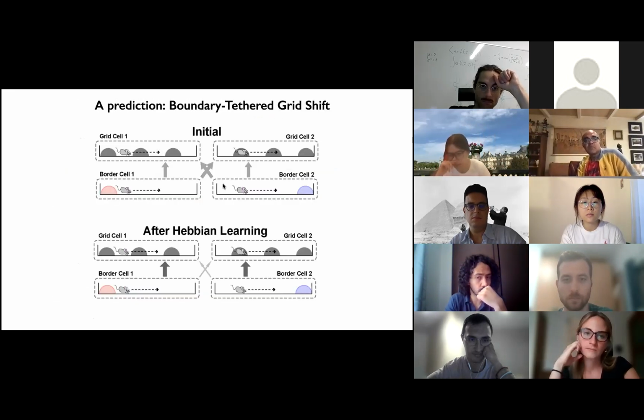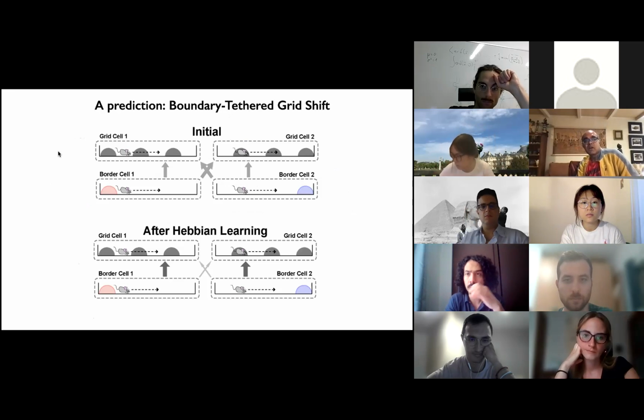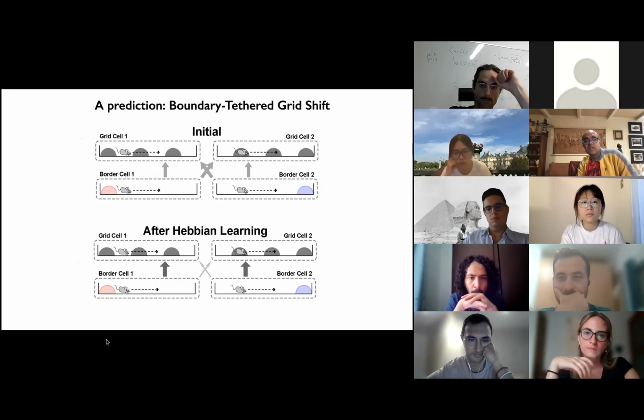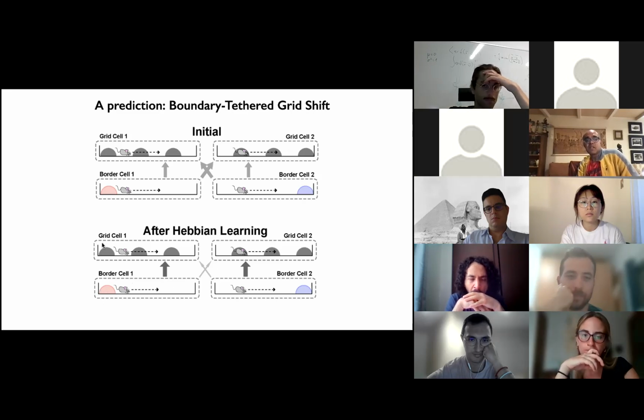Well, you start out with this situation where you have a grid cell that fires with this phase, and you have a border cell, let's say the pink one, that fires at this wall. And you have another grid cell that fires with this phase, and this blue border cell fires at this wall. And let's suppose they're all connected to some degree. Hebbian plasticity would say that as time passes, the synapses between this red cell and this grid cell will grow stronger because they fire together.